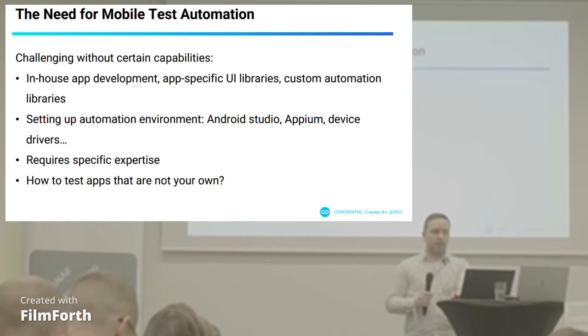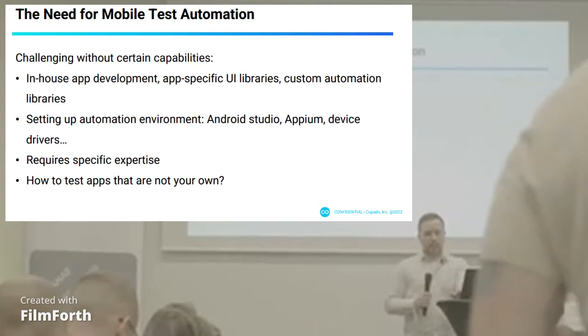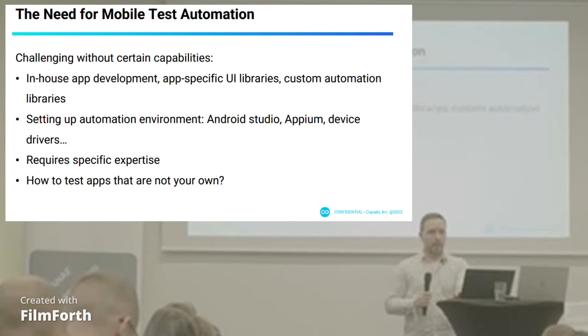About the need still, there are certain challenges, and this is also something that we try to solve. So when thinking about mobile test automation, usually it is done by companies that have the capabilities in-house.